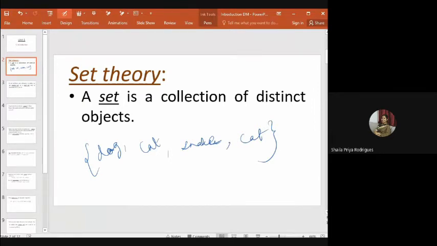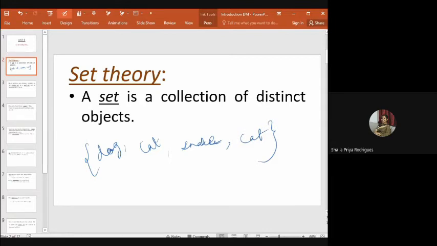I'll not speak about multi-sets in this unit. It will come somewhere in graph theory. But for now, a set is a collection of distinct objects. Any element should not be repeated more than once. If it is allowed to be repeated in a multi-set, we'll study multi-sets somewhere else.